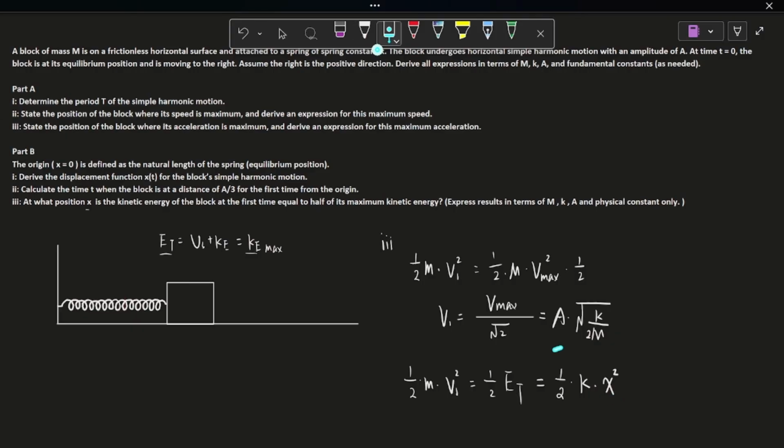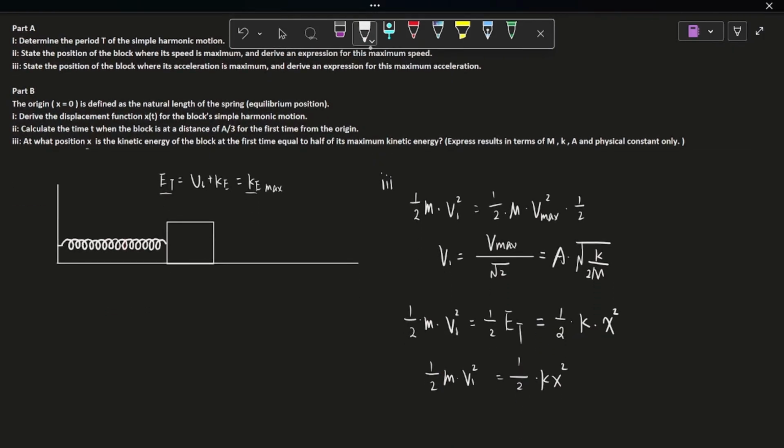And we can plug in v1 to this expression to solve for x. So let's connect these two equations together. 1/2 m times v1 squared is equal to 1/2 times kx squared. Cancel out 1/2 and plug in v1, which we can get x is equal to, x will simply equal positive or negative A over square root 2.